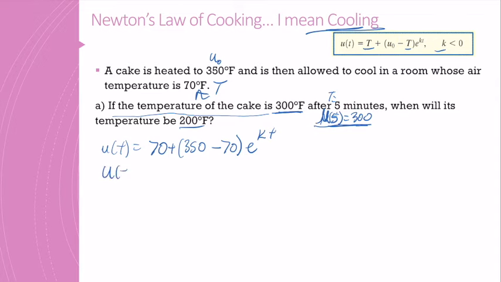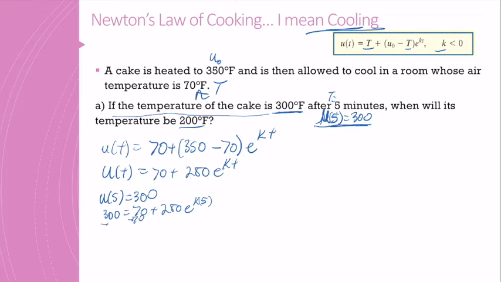Well, I know this will simplify to U of t equals 70 plus 280 e to the kt. And I have some information. I know that U of 5 is 300 degrees Fahrenheit. So I have 300 equals 70 plus 280 e to the k times 5.